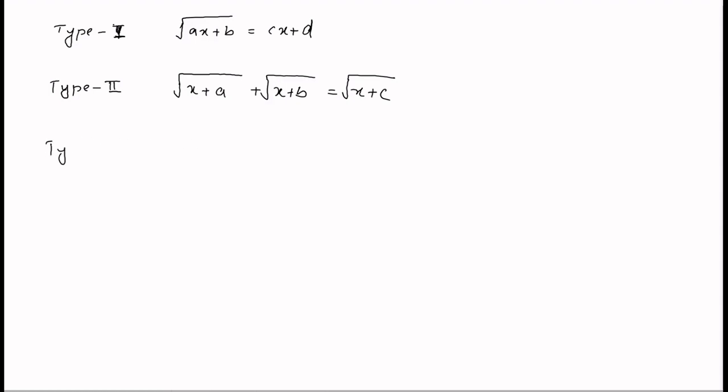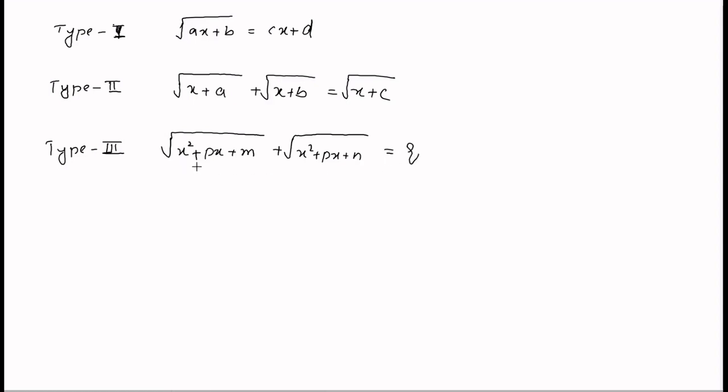And the third type, we have more than one radical, but the polynomial of a variable, let's say x square plus px plus m, is identical under each radical, only the constant terms are different, is equal to q.